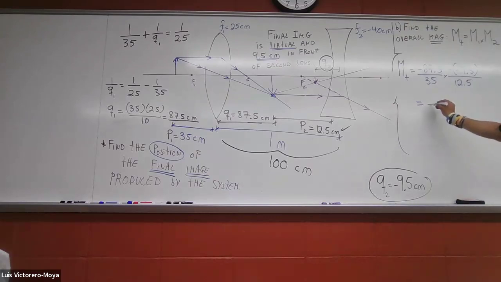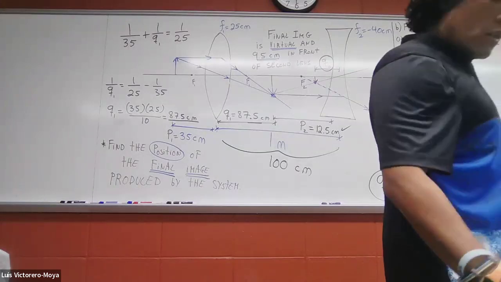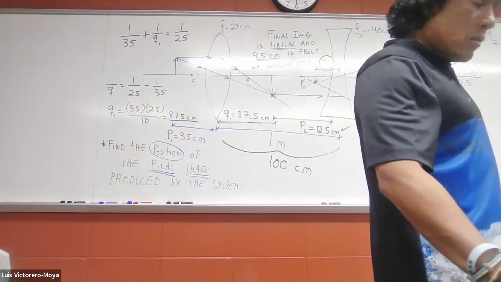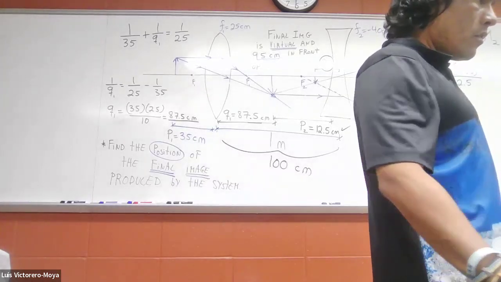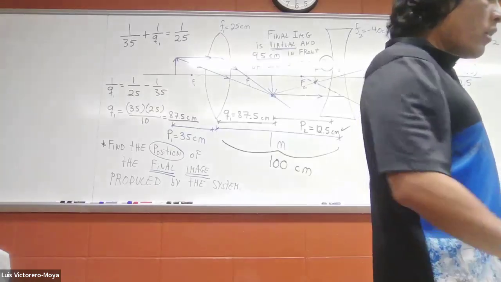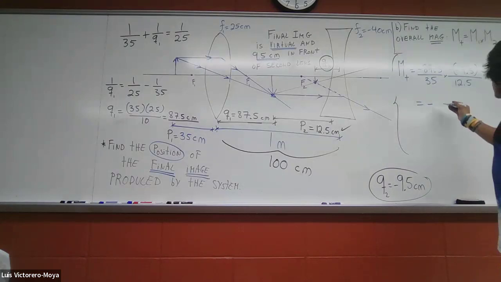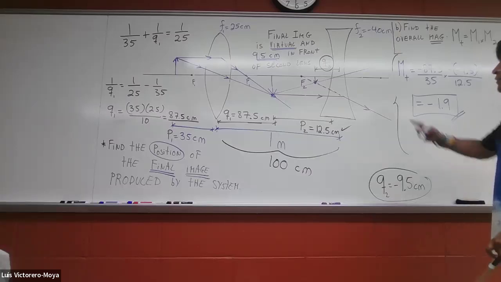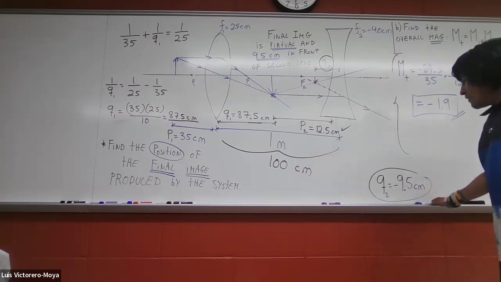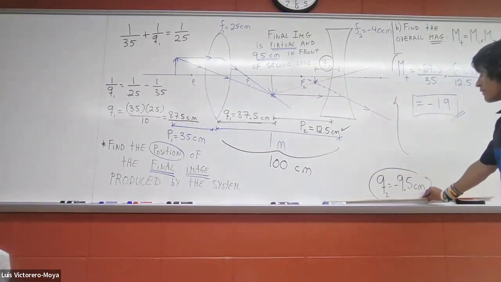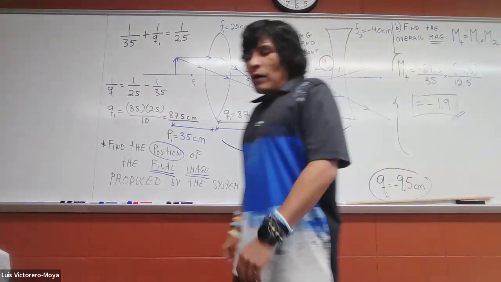So we're going to get a negative. Negative and negative, positive, with negative, negative. Yeah, inverted. And then we do the math here. 87.5 times 9.5 divided by 35 divided by 12.5, 1.9. So negative 1.9. So the drawing is not to scale, but it gives you an idea of how it looks.